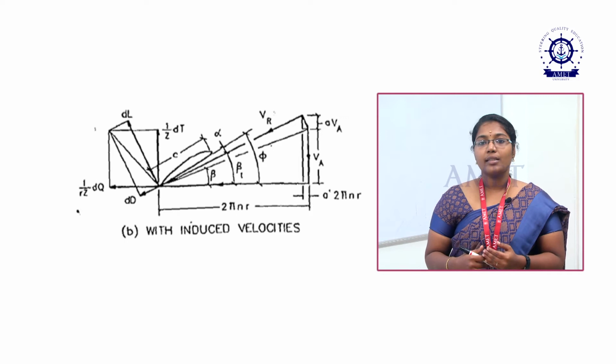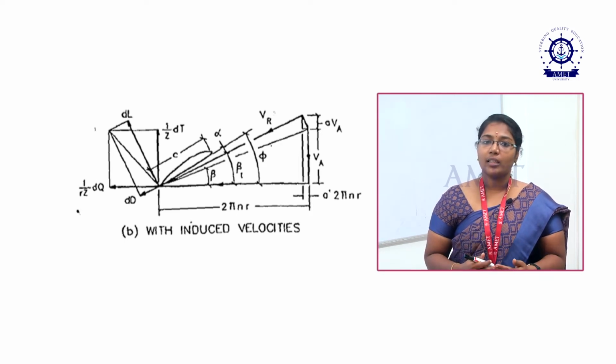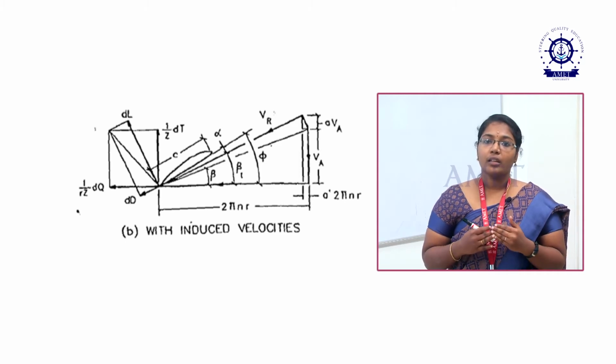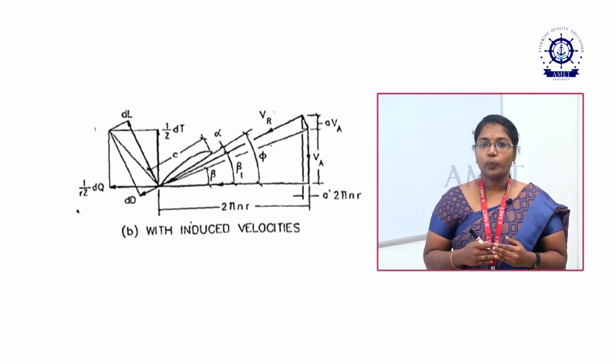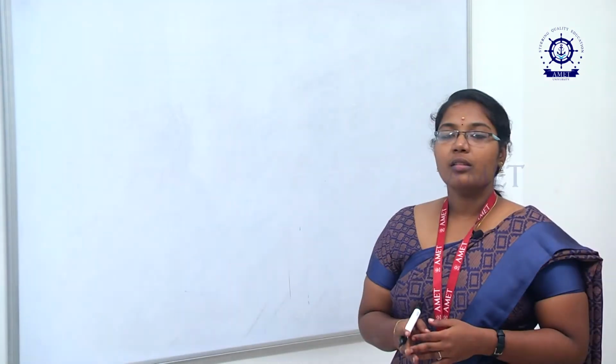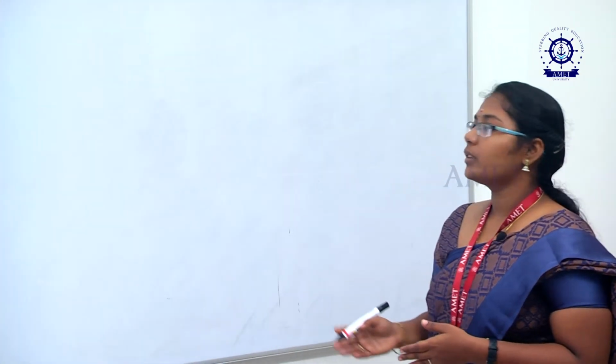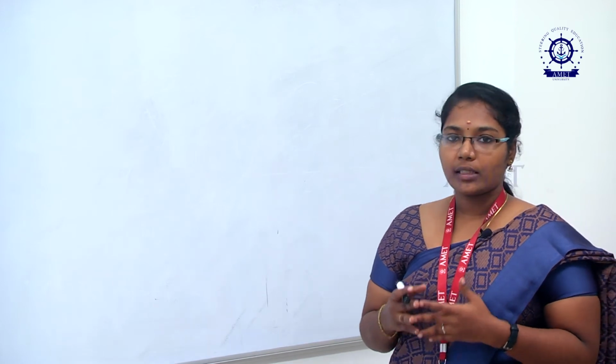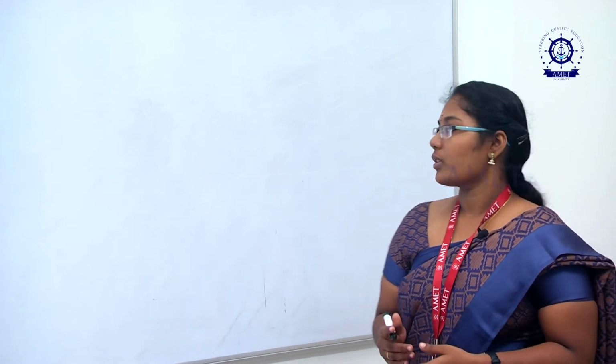So, we will see what impact we get on the efficiency of the propeller when we consider induced velocities, which is VA into A, and for the tangential velocity, 2 pi NR into A dash. We are going to draw the force diagram considering our induced velocities.